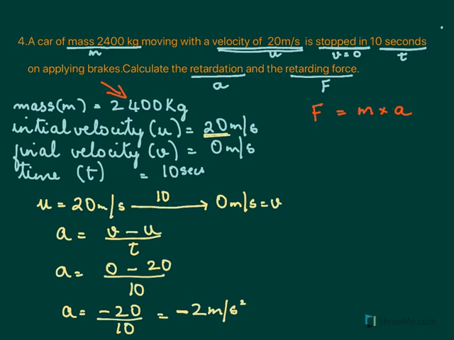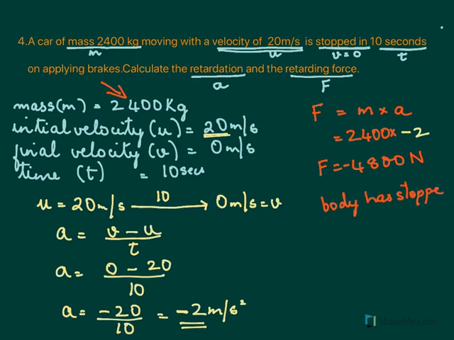Now let's go ahead and substitute here. We know our mass is 2400 and we have calculated our acceleration as minus 2. So we do 2400 into minus 2. So we have F equal to 4800 newtons, but negative. Negative because the body has stopped.